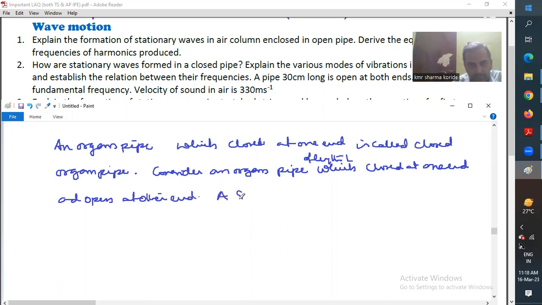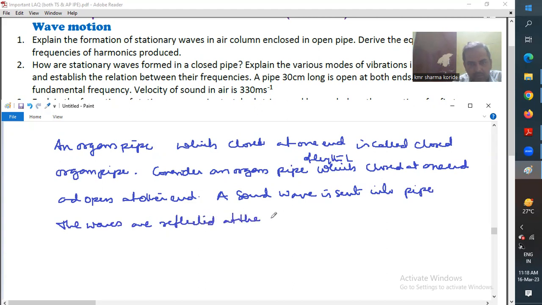A sound wave is sent into the pipe. The waves are reflected at the closed end, and the waves are superposed, so that stationary waves are formed.